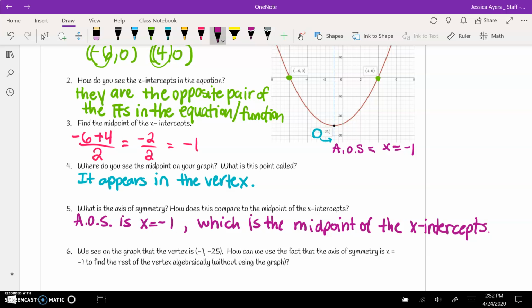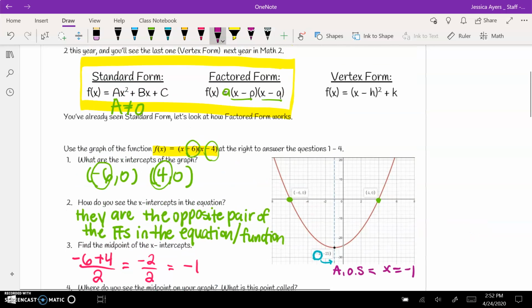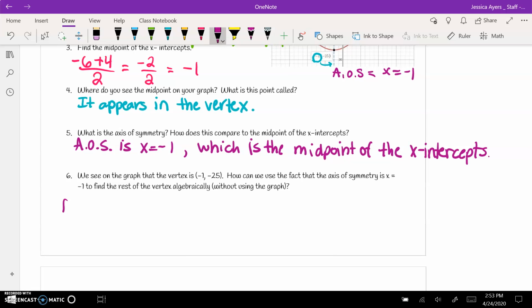We can see on the graph that the vertex is (−1, −25). How can we use the fact that the axis of symmetry is x = −1 to find the rest of the vertex algebraically, without using our graph? We know that f(x) = (x + 6)(x − 4). If we know the x value, we can always find the output by plugging in x to get y.